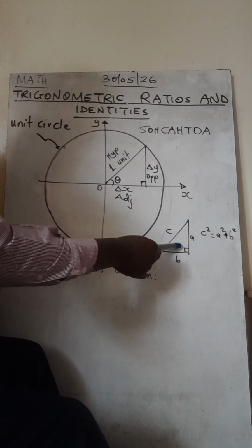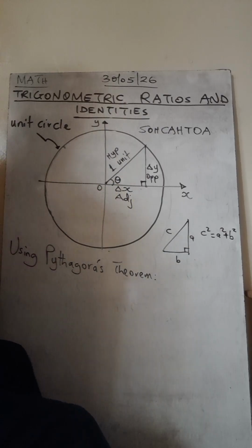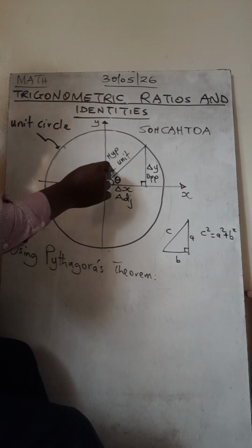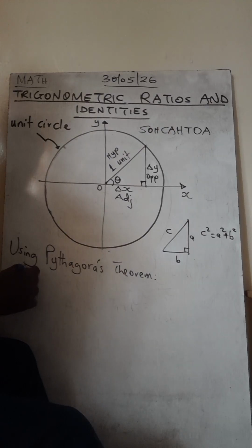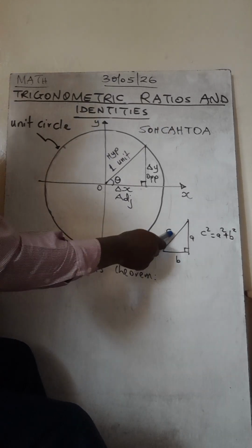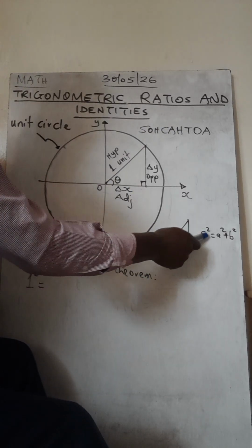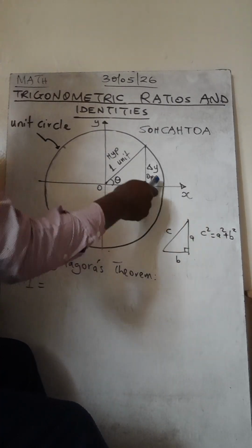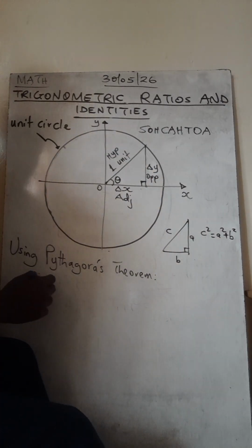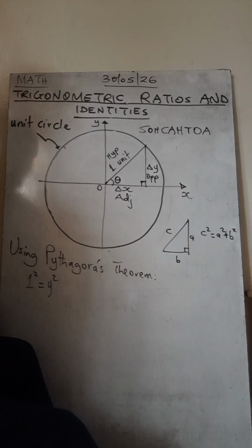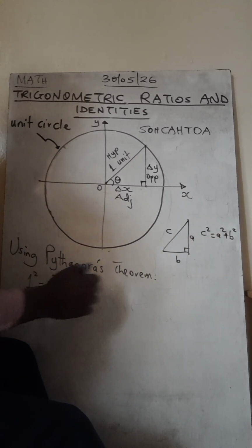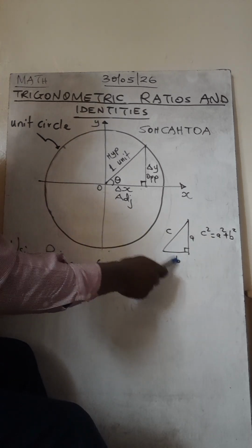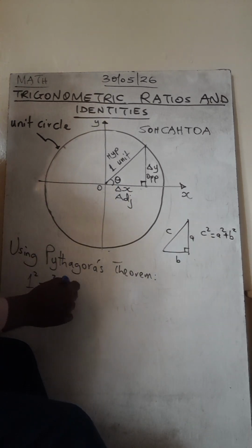Now, assuming this triangle is this, our C squared is 1 squared. That is our C squared equals A squared, which is change in y squared, plus B squared, that is change in x squared.